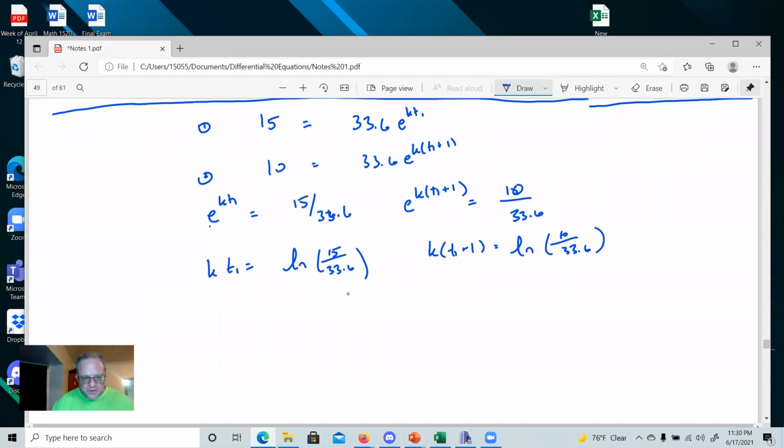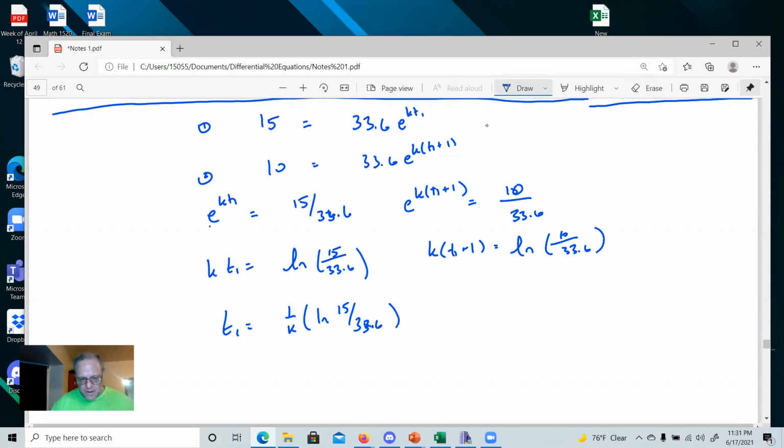Here we're going to say something clever: t1 is equal to, so I'm going to substitute that one out, keep our k's, t1 is equal to 1 over k times the natural log of 15 over 33.6.